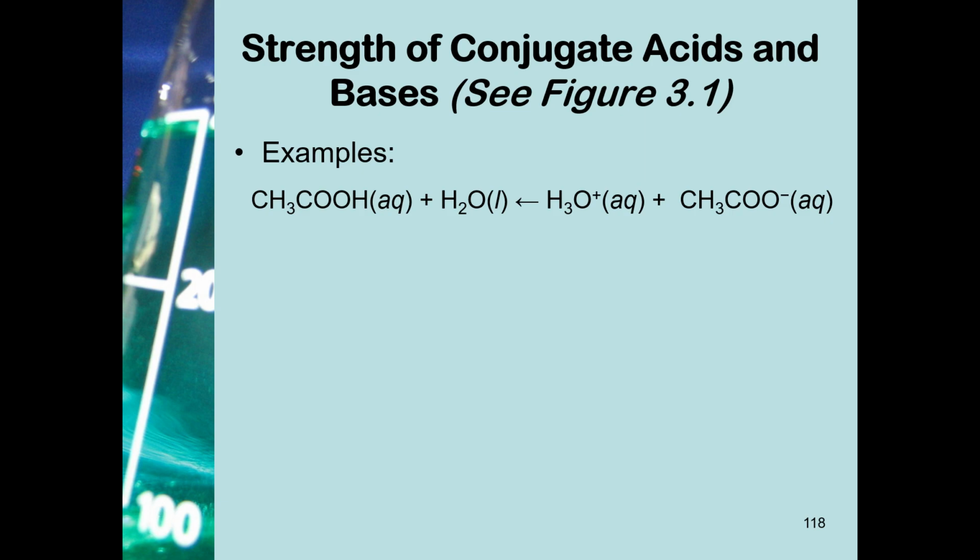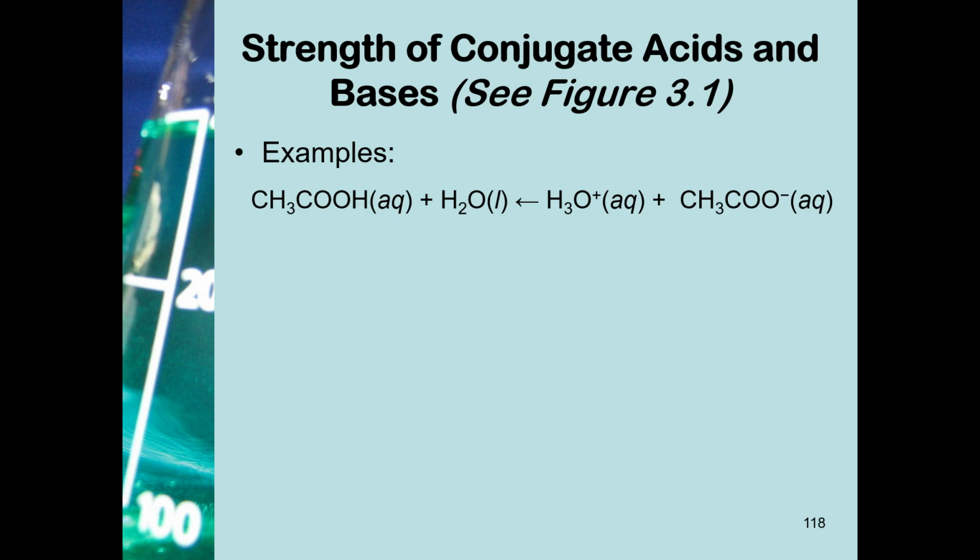Let's look at one of our weak acid examples that we've had from early in the chapter. This CH3COOH is acetic acid. The H on the end is the one that it's capable of donating. So it's going to donate that hydrogen ion to the water, which is functioning as a base. The acetic acid at the very beginning is acting like an acid, but we know it's a weak acid.